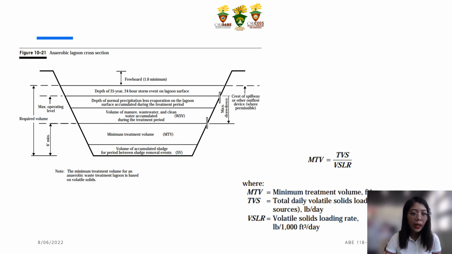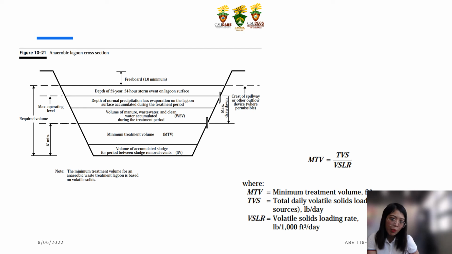Anaerobic waste treatment lagoons are designed on the basis of the volatile solids loading rate, or VSLR, per 1,000 cubic feet. The volatile solids represent the volume of solid material in a waste that will decompose, as opposed to the inert mineral fraction. The rate of solids decomposition in an anaerobic lagoon is a function of temperature.